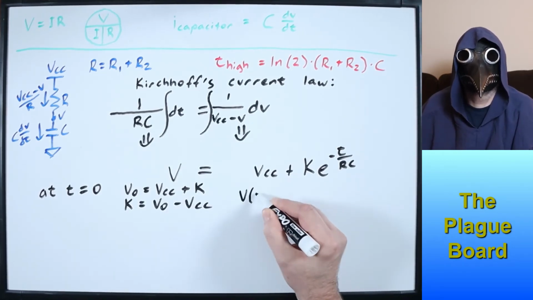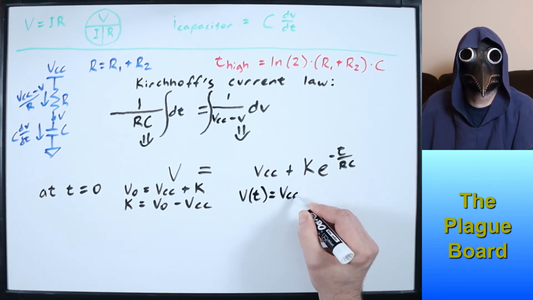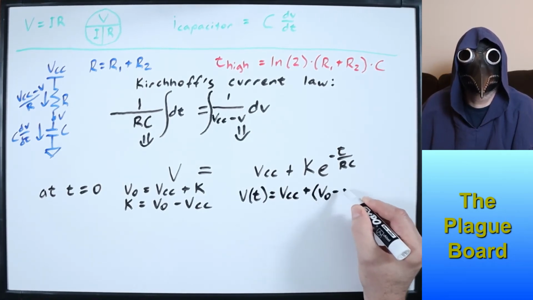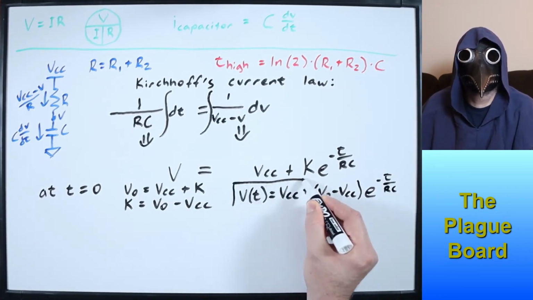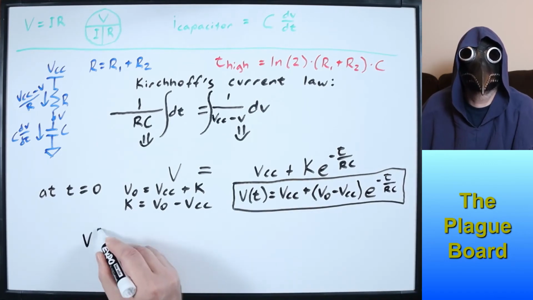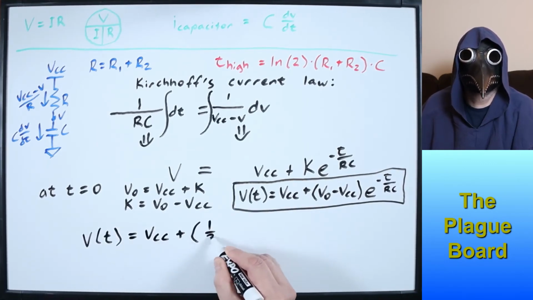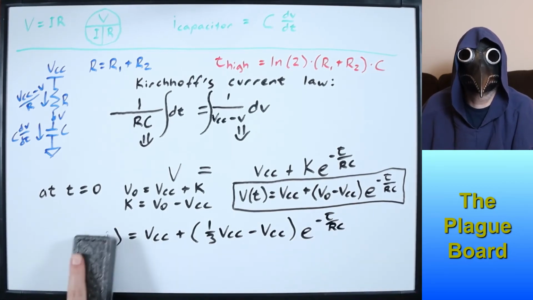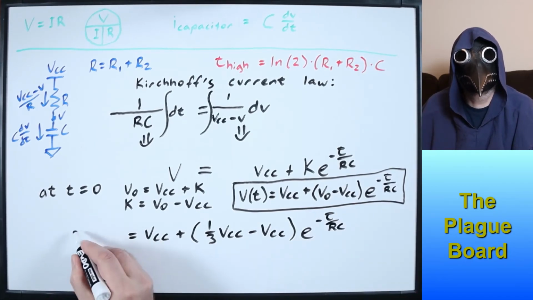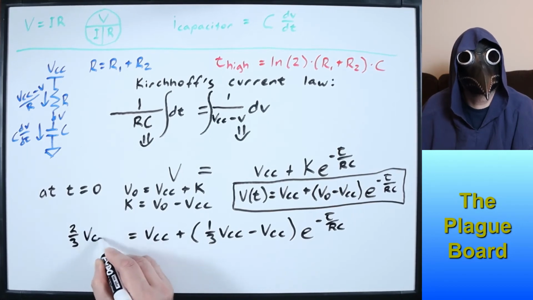So V of t will equal VCC plus the initial voltage minus VCC times e to the negative t over RC. We'll save this for our next formula, but for this formula, the initial voltage will be 1/3 VCC, and we are looking for the time it takes to charge to 2/3 VCC.